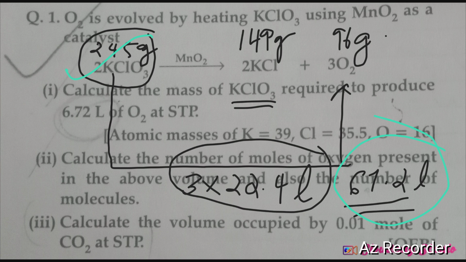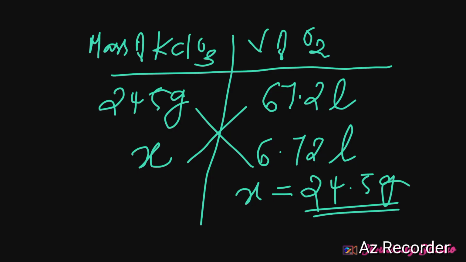When 245 grams of KClO3 react, we get around 67.2 liters of oxygen. From where is the 67.2 liters arrived? Here the number of moles of oxygen released is 3. We already know that 1 mole will occupy 22.4 liters, so 3 moles will occupy 3 into 22.4 liters, which is 67.2 liters.